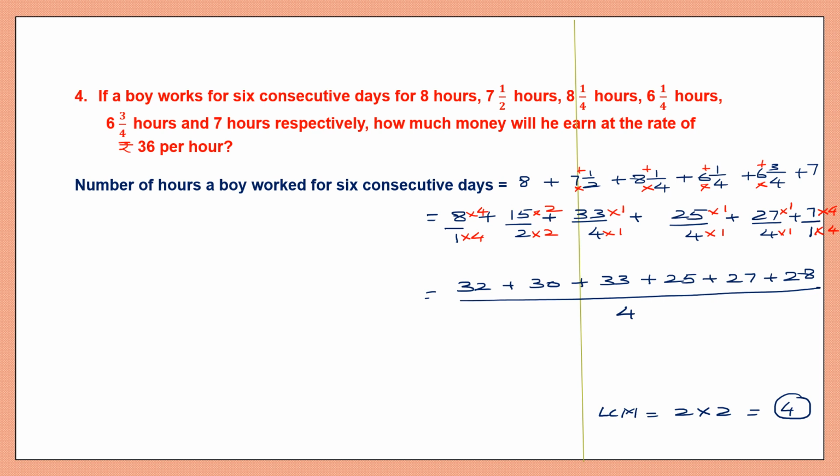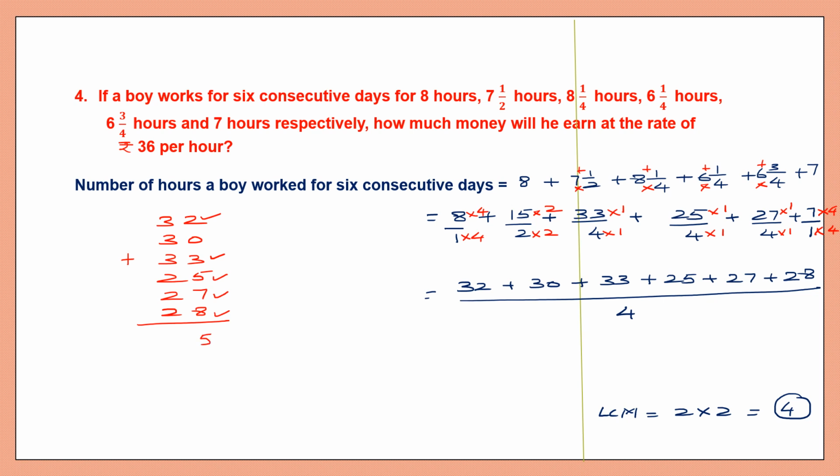So now let's add up all our numerators. So that is 32 plus 30 plus 33 plus 25 plus 27 plus 28. Let's add this up. 2 plus 3 is 5 plus 5 is 10, plus 7 is 17, plus 8 is 25.